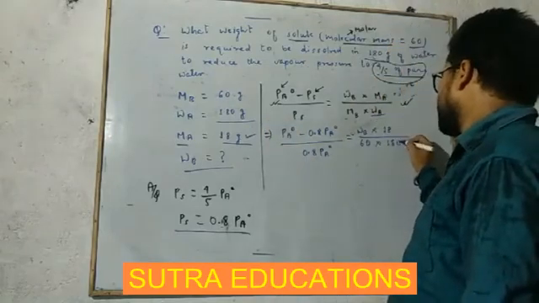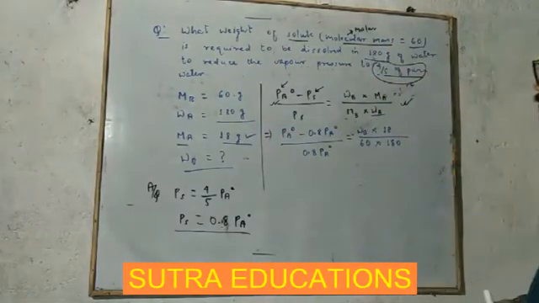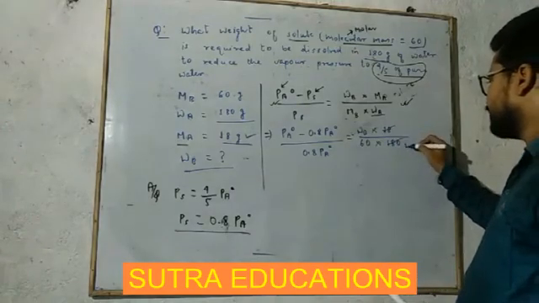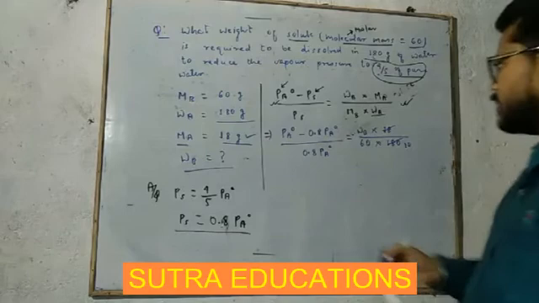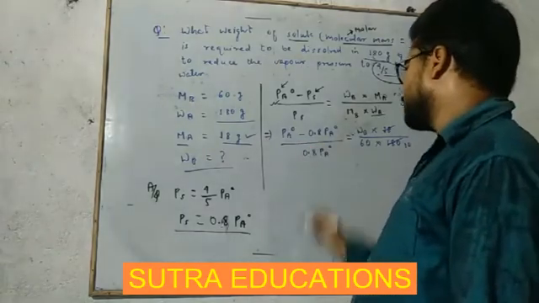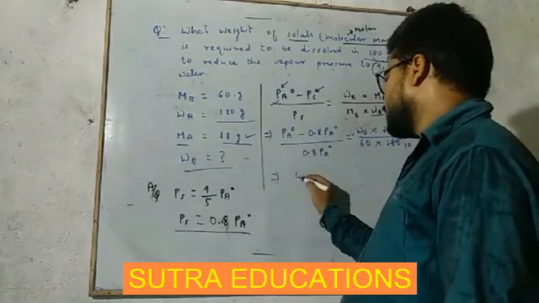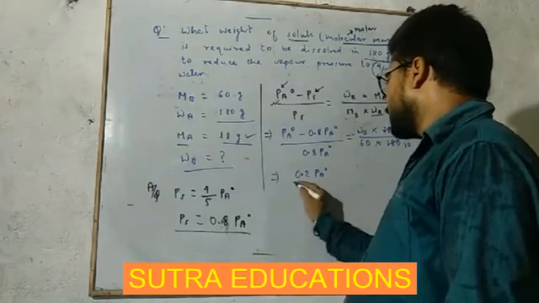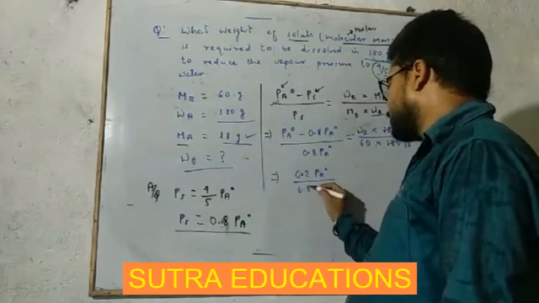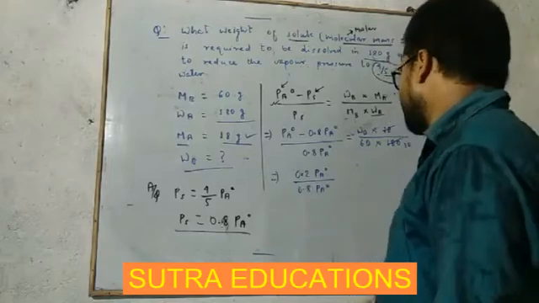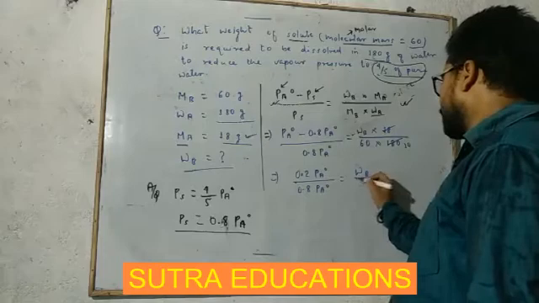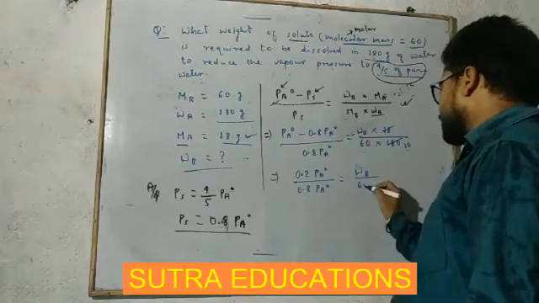So 18 and 180 simplify, and PA0 minus 0.8 PA0 means 0.2 PA0 divided by 0.8 PA0 is equal to WB upon 600.